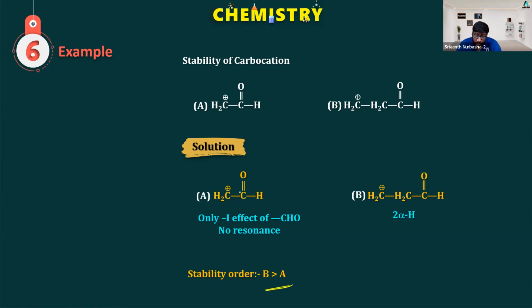Because if you look at CH2+-CH=O, there is only the minus I effect of CHO, no resonance, because you cannot move the pi electron density in the opposite direction to get a positive charge on oxygen. But if you look at the second structure, you have 2 alpha hydrogens, so hyperconjugated structures. So B has more stability when compared to A. Everyone got it or not? Here only minus I effect, no resonance. Here you have 2 alpha hydrogens, so hyperconjugation is present.